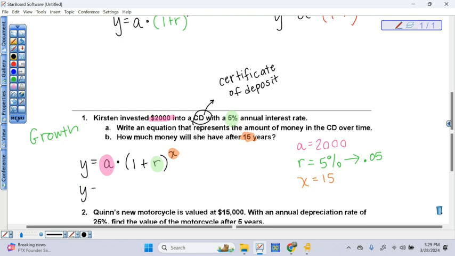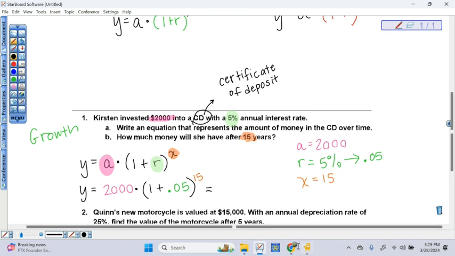So I get y equals 2,000 times (1 plus 0.05), thank you, and then raised to the 15th power. So now it's just as simple as typing this into your calculator exactly as you see it, and you will get an answer.